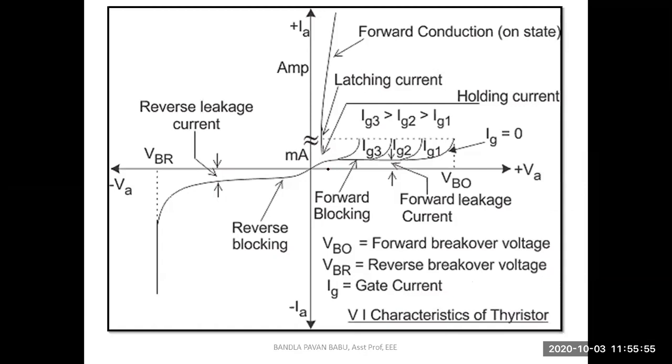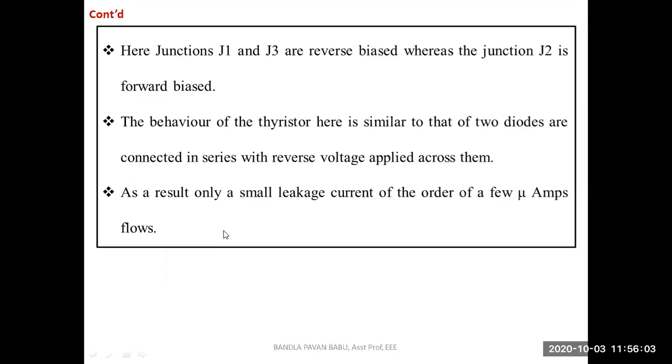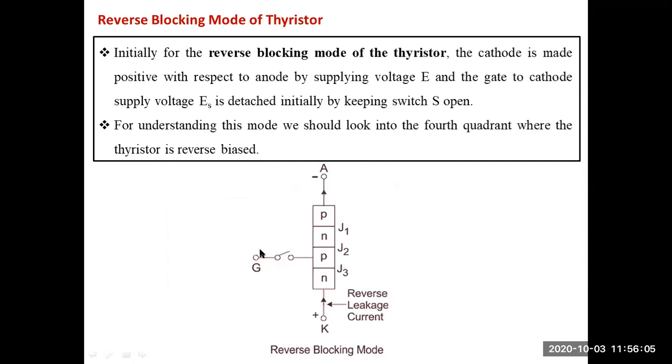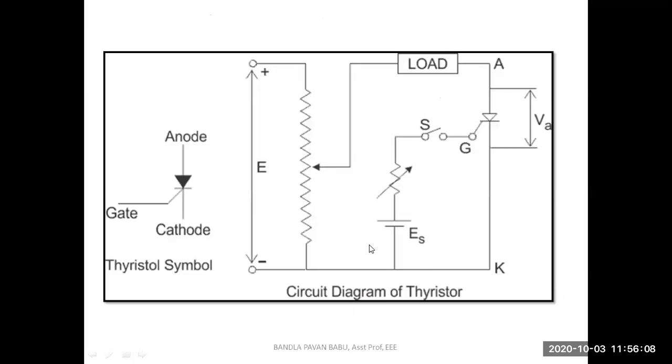Another way is to increase the gate current. Initially, consider IG is 0. By applying the gate voltage, you can analyze from here. When the switch is closed, from the source ES a gate current is applied to the switch.